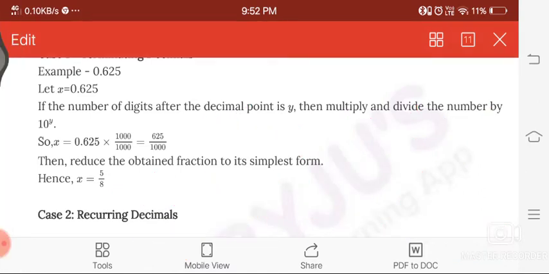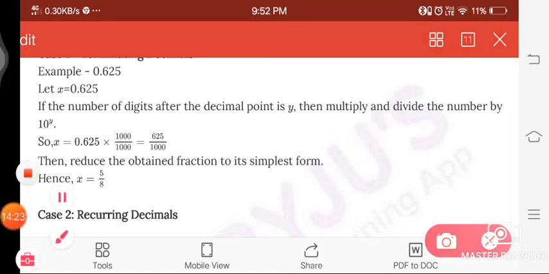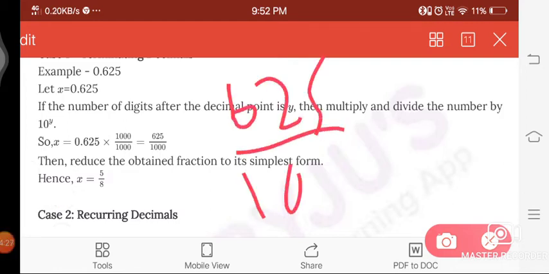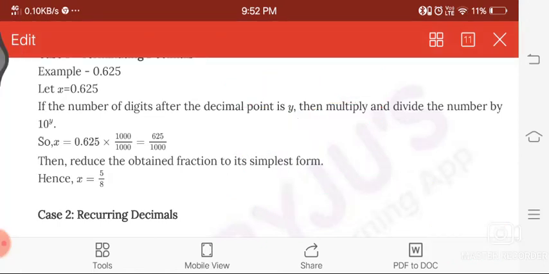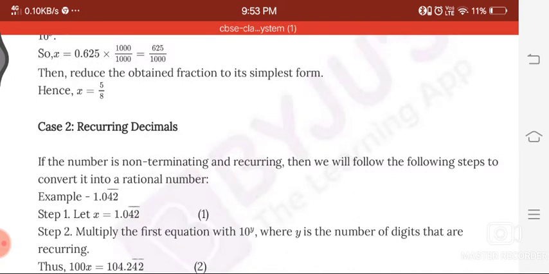Then reduce the obtained fraction to its simplest form. We reduce 625 by 1000 and cut, 5 by 8. Okay, so x is equal to 5 by 8.